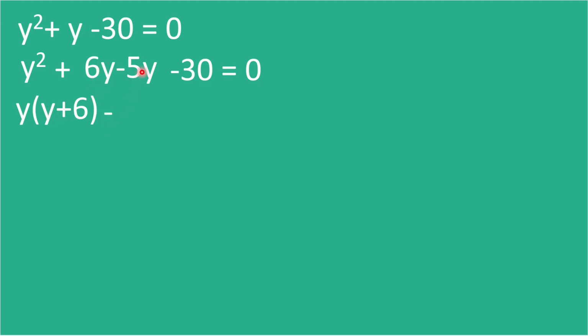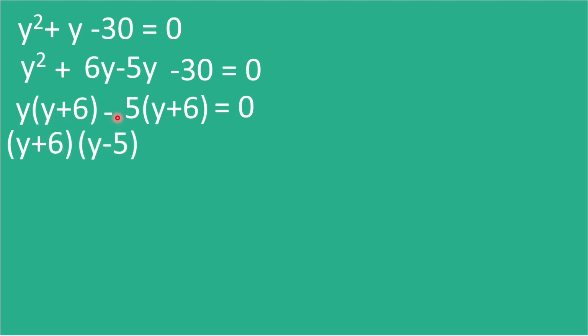After taking 5 common from here, this will become y plus 6, because of this minus and this minus, this value will become plus, which is equal to 0. Now in these two terms, we have y plus 6 common. So after taking y plus 6 common from here, this will become y, and then here minus 5, which is equal to 0.